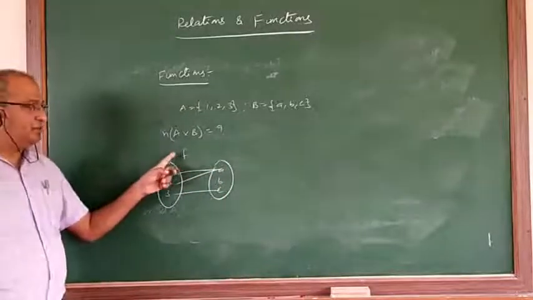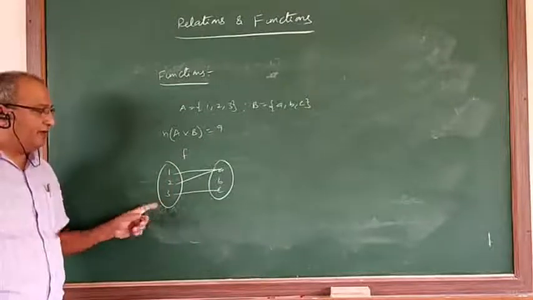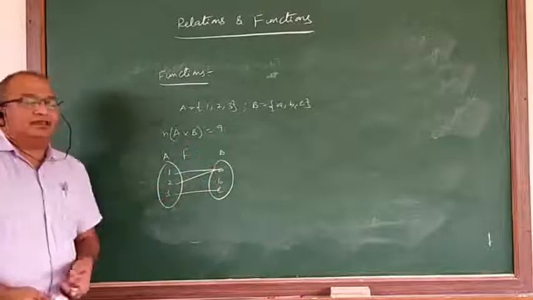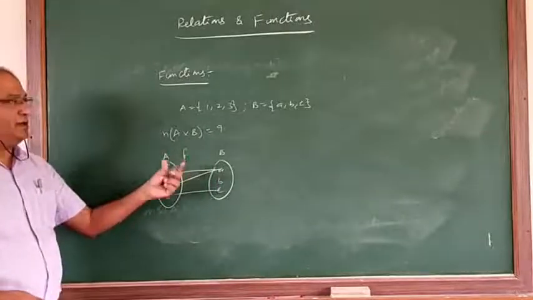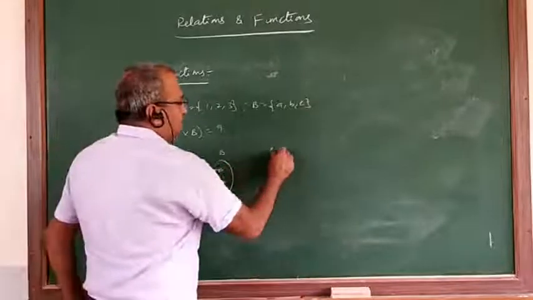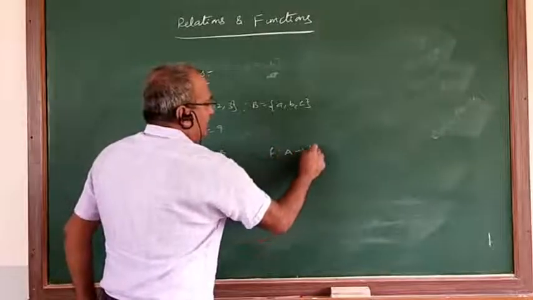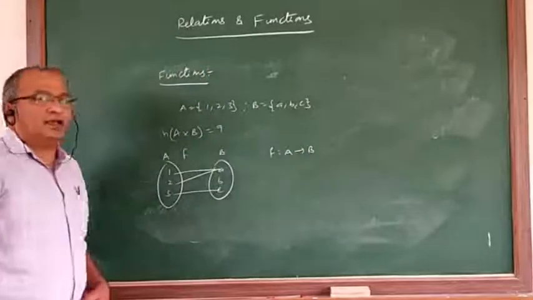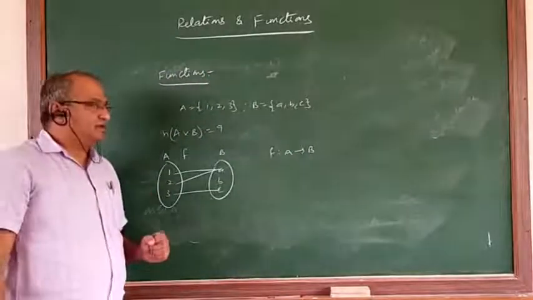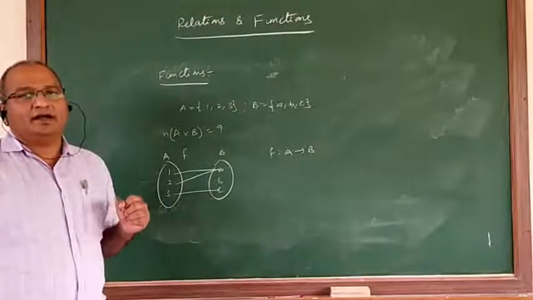This relation is said to be a function if every element of A has a unique image in B, then this relation F is said to be a function. Now the function is denoted by F from A to B, and this is also said to be a mapping. So in the functions topic, the very important thing is finding the domain and range.